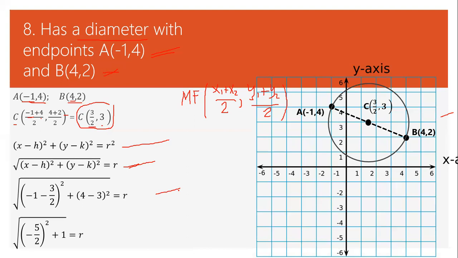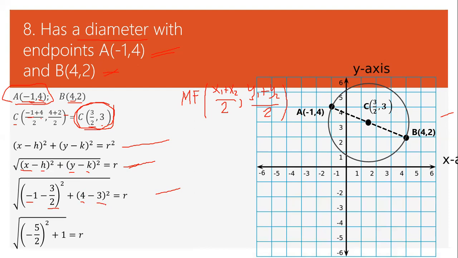Excuse me. Next is to substitute all the values. So point A is what we will use for x and y, and then h and k is the center. So x is -1 minus h, which is 3/2, squared, plus y, which is 4, minus k, which is 3.